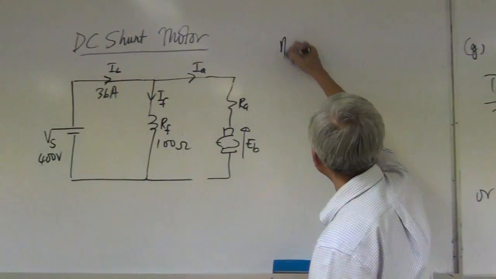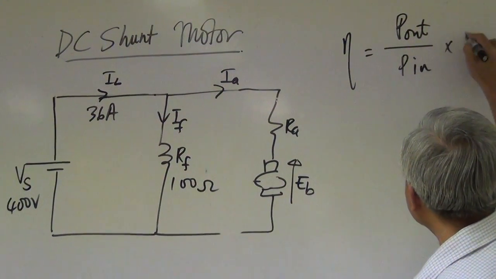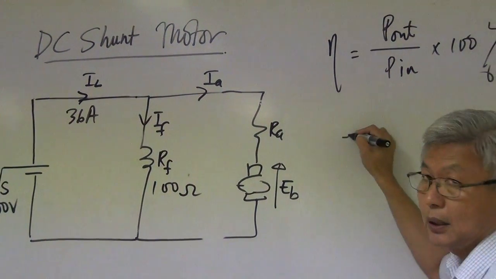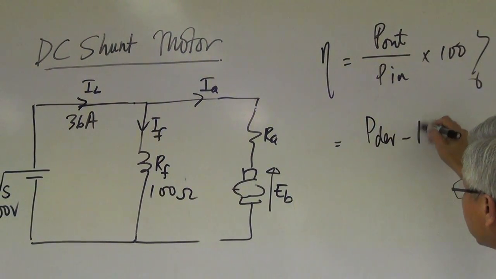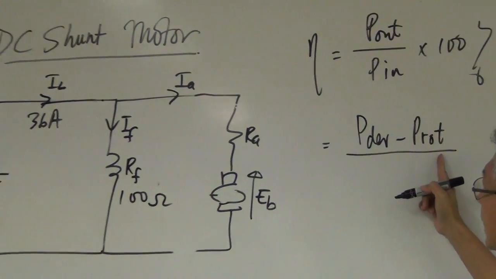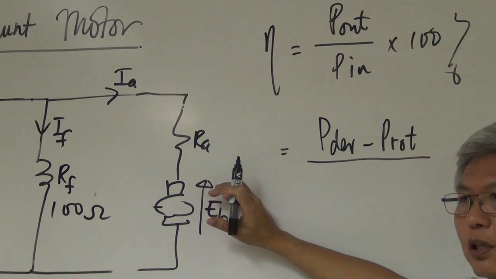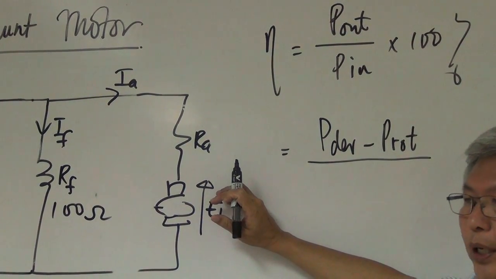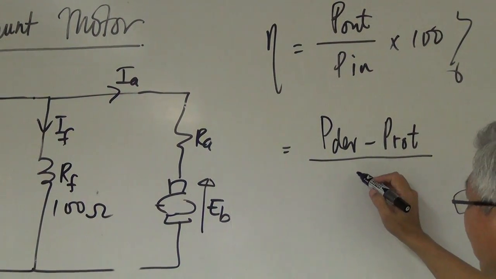Efficiency of a motor is output divided by input times 100%. And output is actually power developed minus the rotational loss. Remember this? It's quite an easy thing. That means the power developed already, you take away the rotational loss, which includes the friction, the noise, the miscellaneous losses, divided by PE.